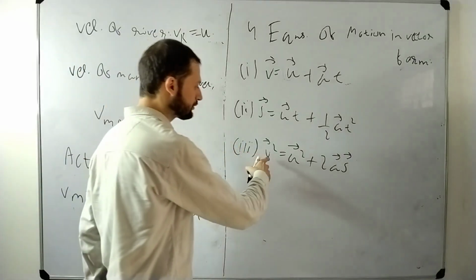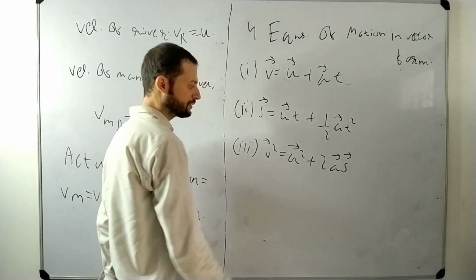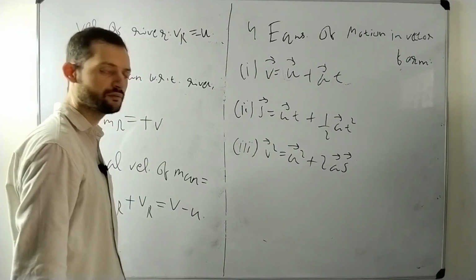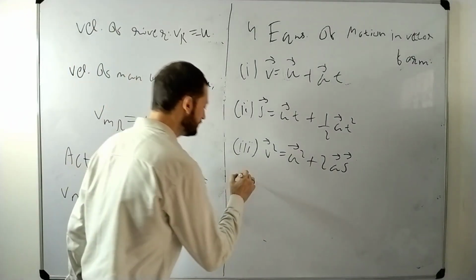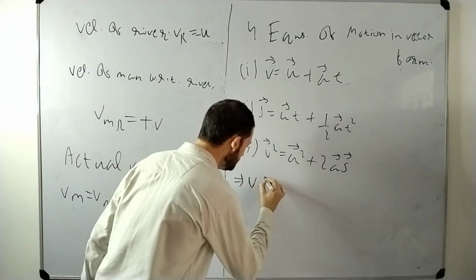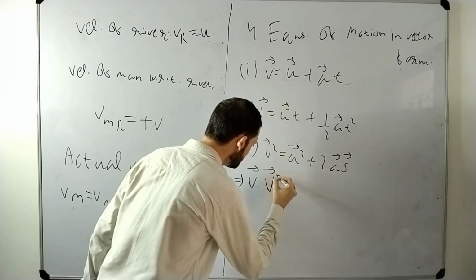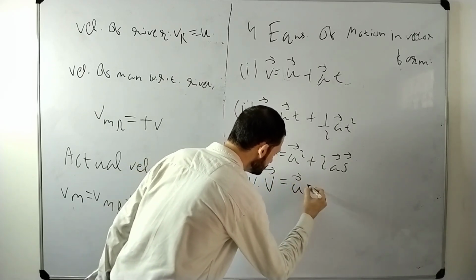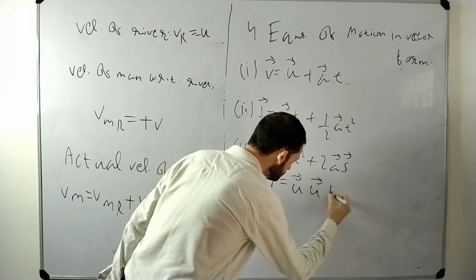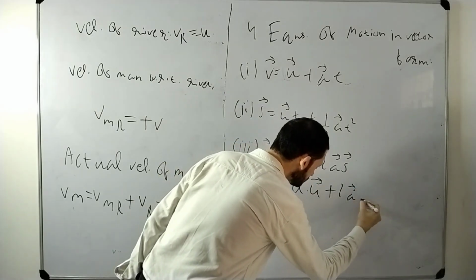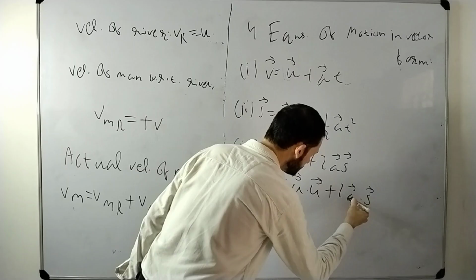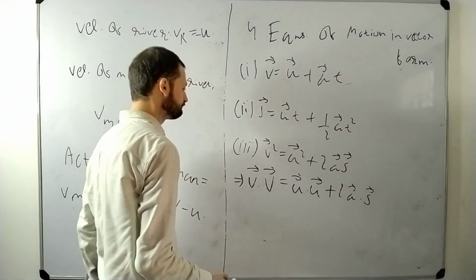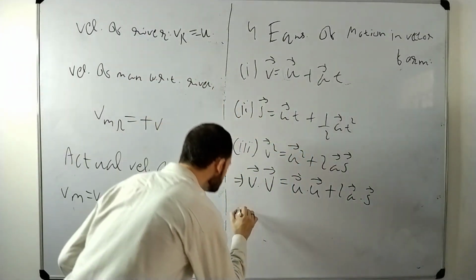Should it be cross product or dot product with these quantities? It should be written in this way: v dot v equals u dot u plus 2 a dot s. So this is the form.